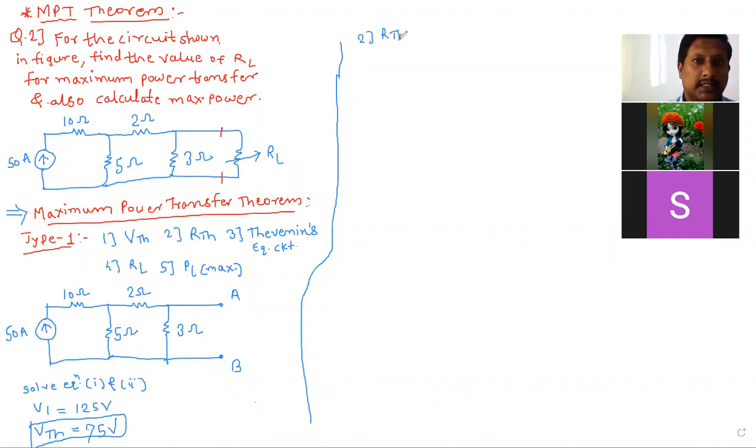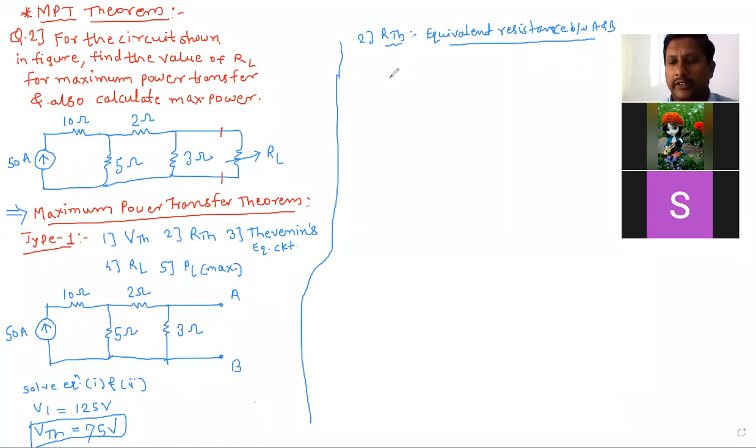So RTH is nothing but the equivalent resistance between A and B. While finding that, if any ideal current source is there, you can make it open. If an ideal voltage source is there, you can make it short.